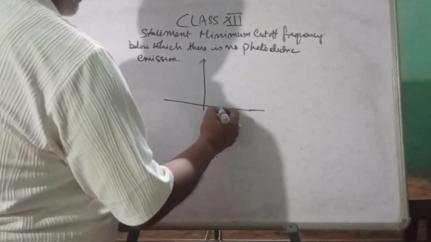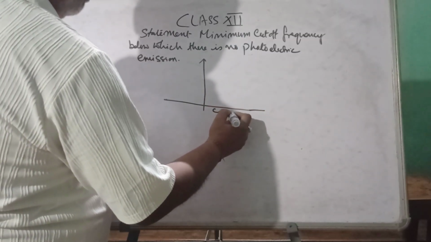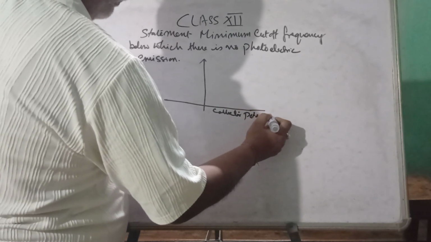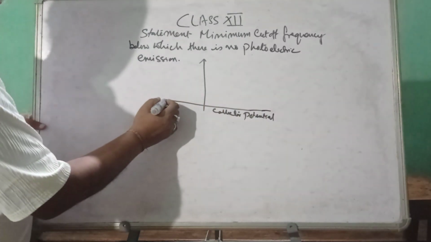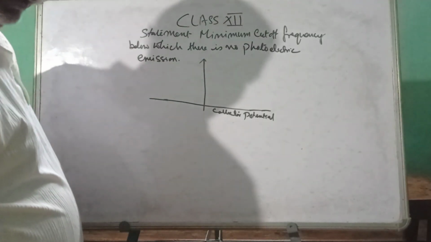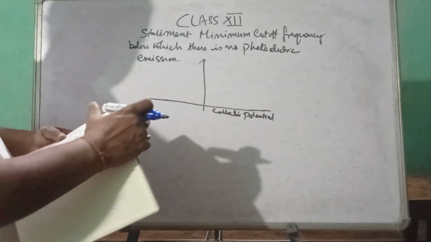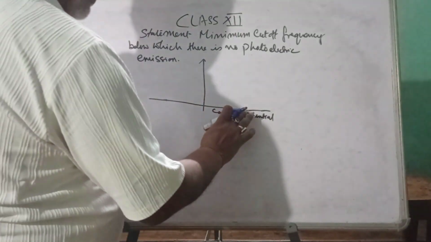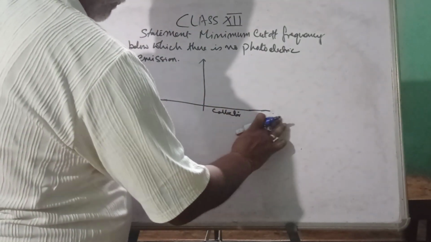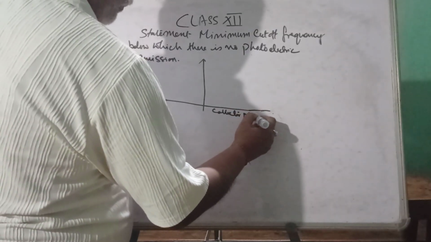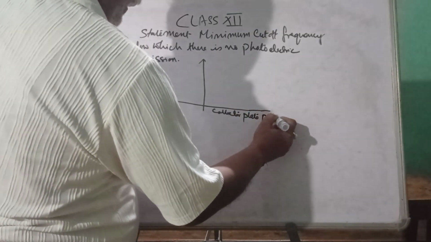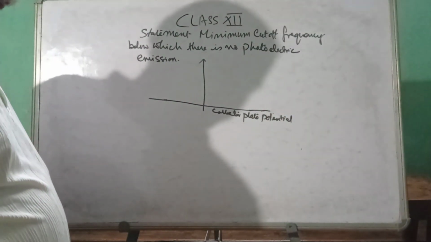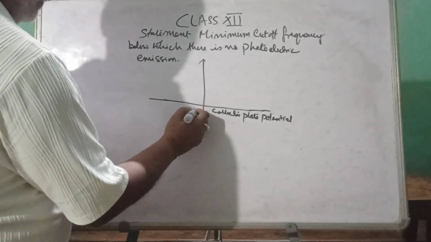This is the collector plate potential, and here this is your retarding potential, in this direction.